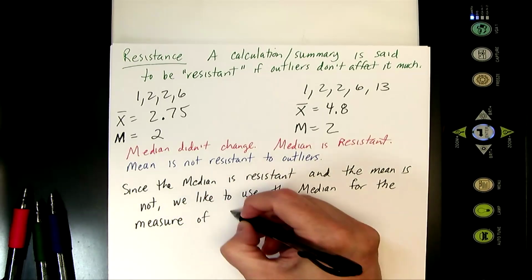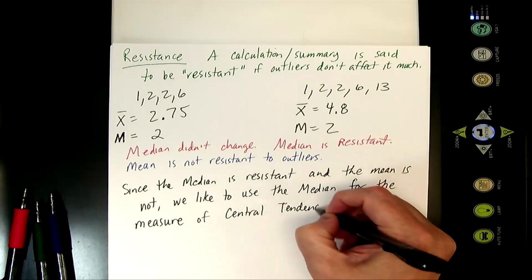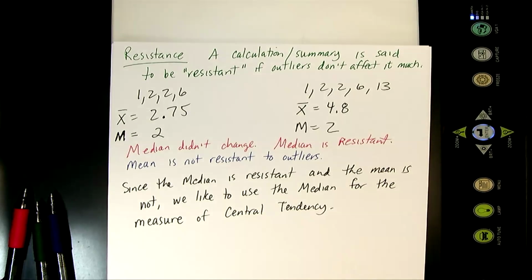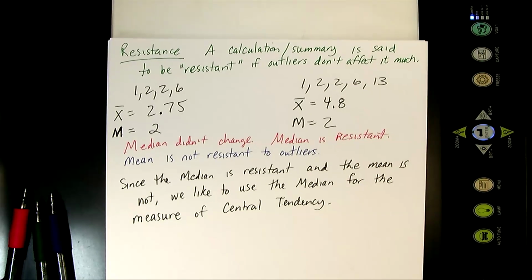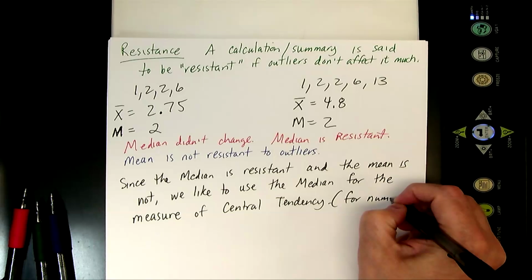It's called central tendency. Is that just for this example? This is for numerical data in general.